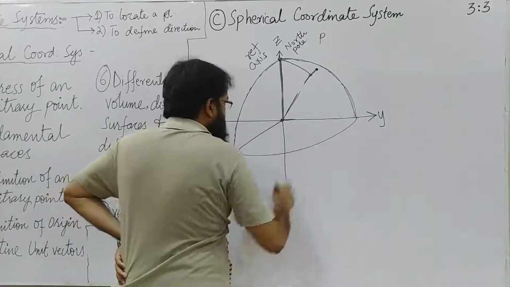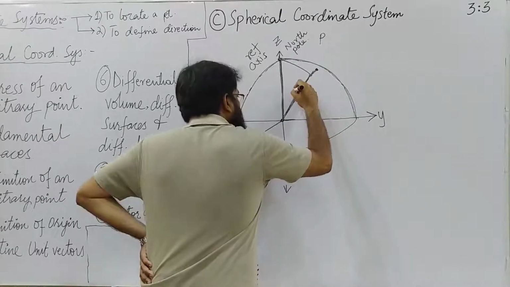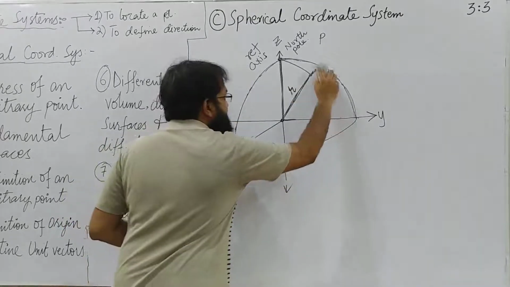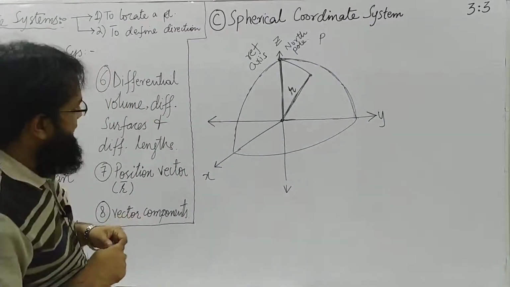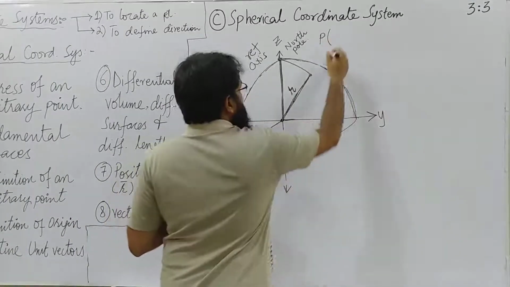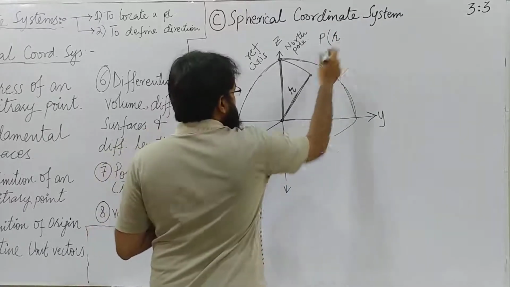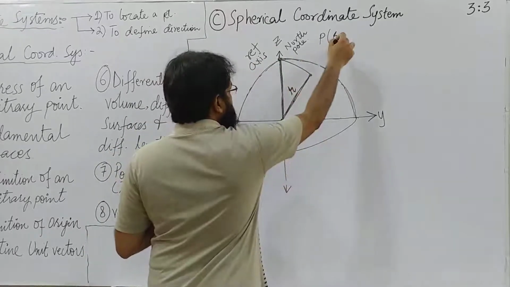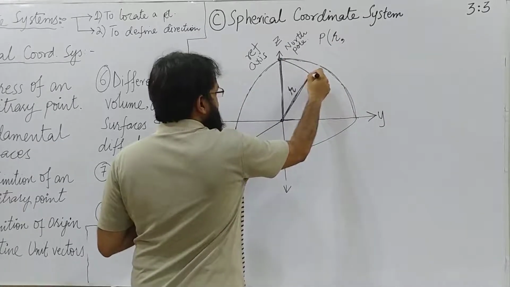But since we are defining a general coordinate system, not a global positioning system, we will say that this radius is nothing but r. So now let me just remove this flag. Okay, now you have reached here. So it means that you needed the radius of the sphere, because you moved this many units in the direction of the reference axis, and then keeping this constant, you moved towards your destination point here.